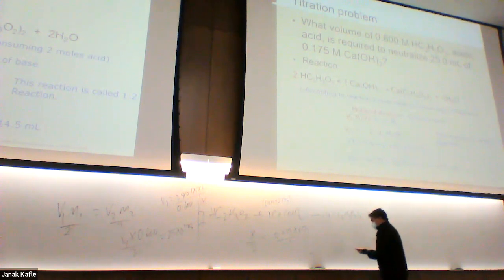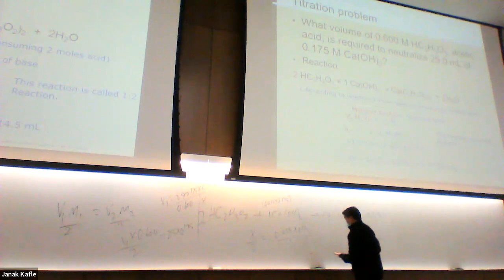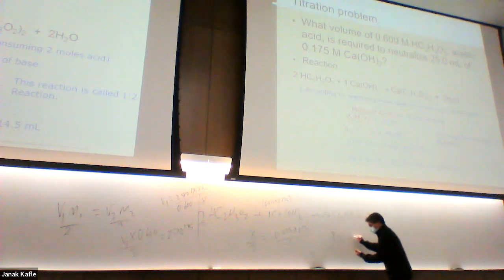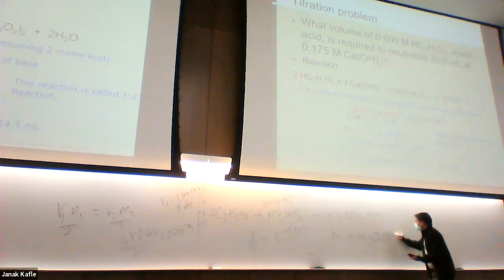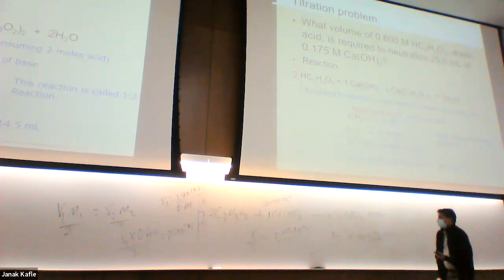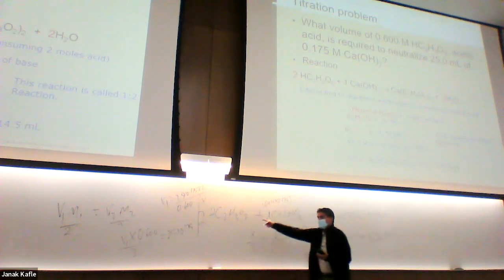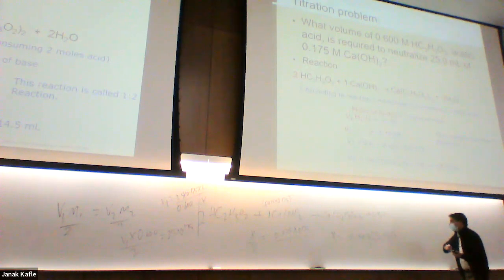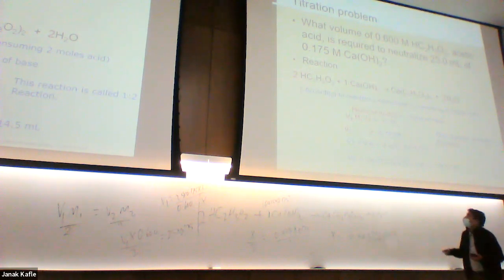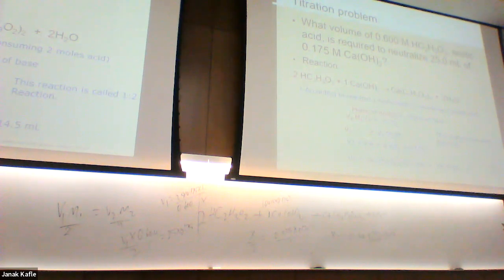So x is equal to 0.00875 moles of acid I need, right? To do that titration. So we have been doing the same thing like this previously. Now the molarity is given. So I need to find the volume.